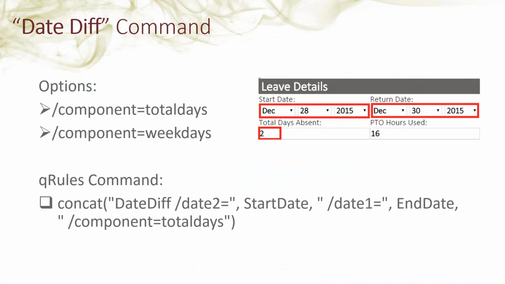But qRule gives one command with date diff, and there are options to exclude or include weekends. If you use this command, you can easily get the total days absent or total days off just from start and return date. And now you can see the format.